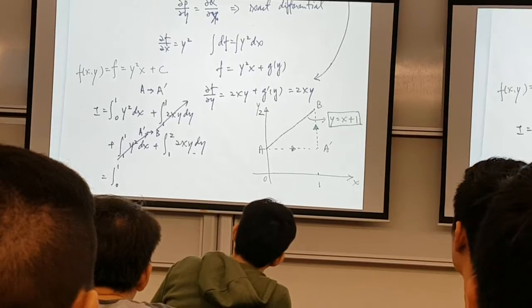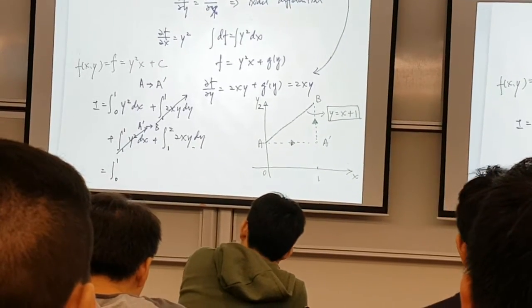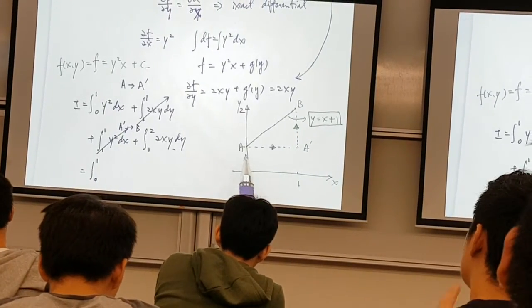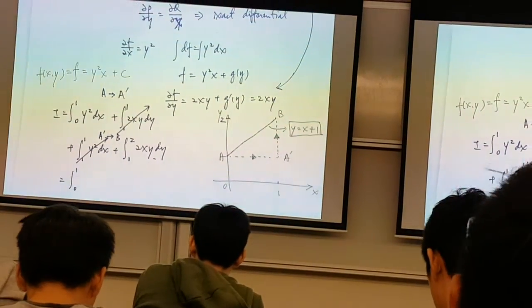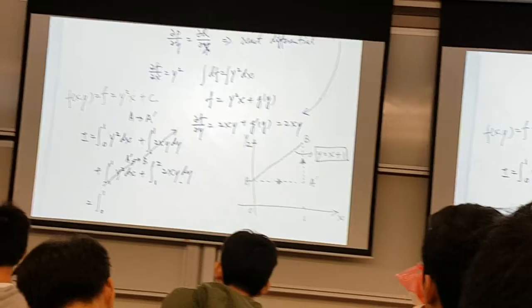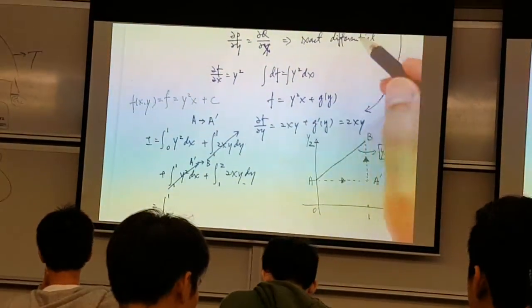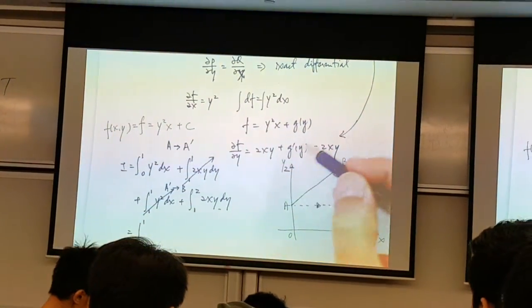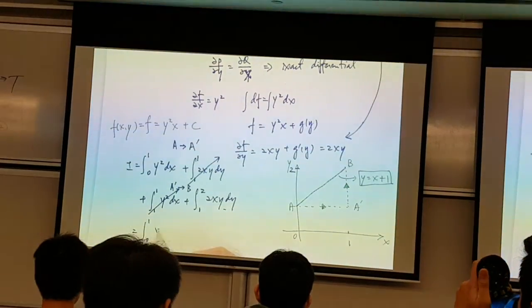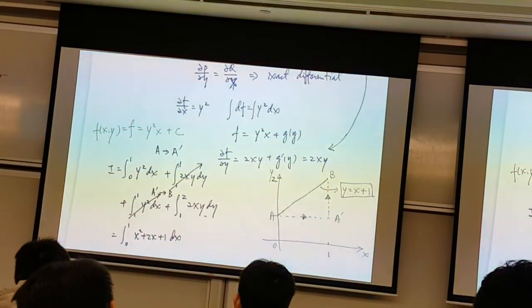We can change it in a way that, if we go back, y is equal to x plus 1, so y squared is x squared plus 2x plus 1 dx.